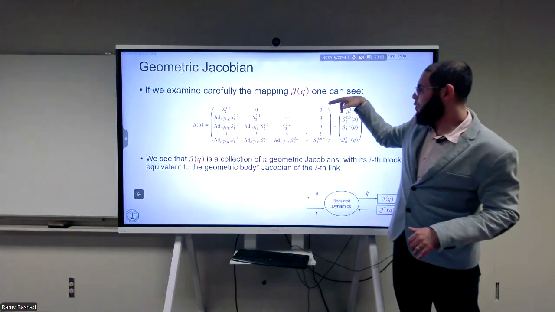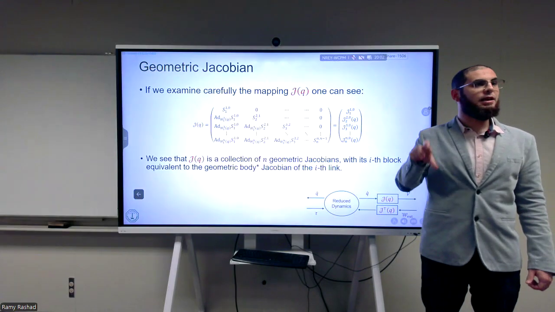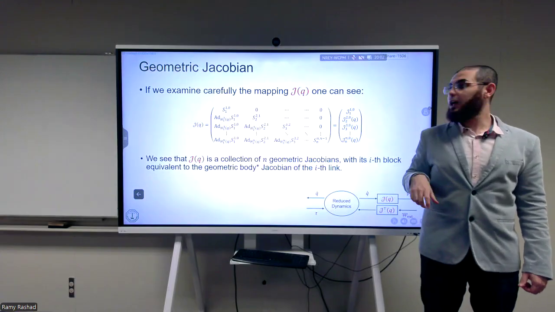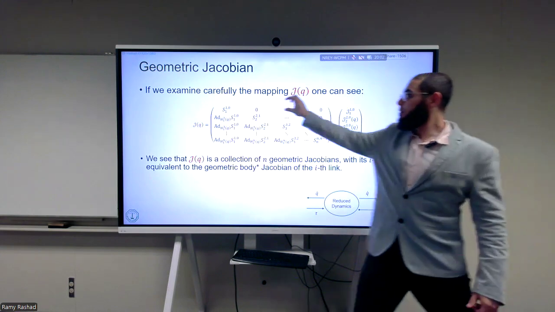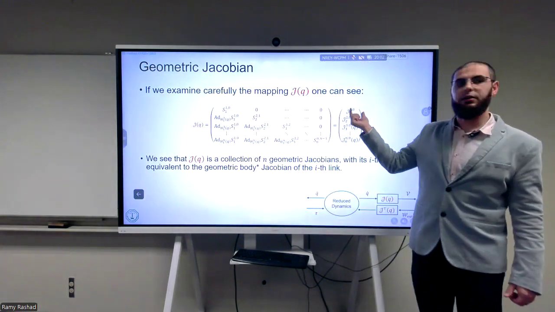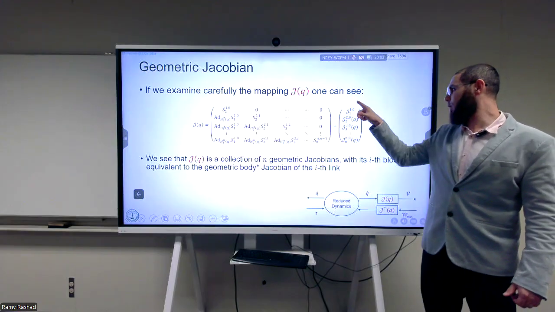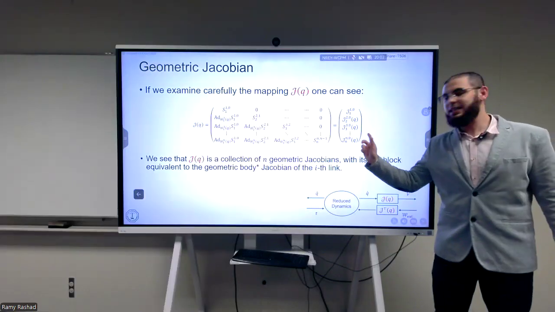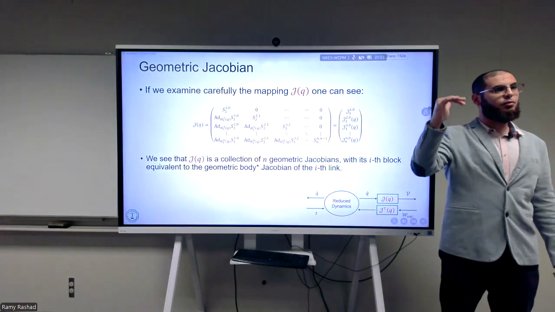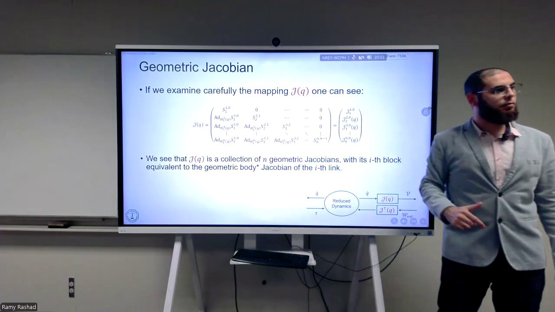Every row block of it is 6 by n, and we have n of these. So I just have J_1^0, J_2^0, J_3^0 and so on up to J_n^0, all of the geometric Jacobians stacked one over the other. And this is exactly the J that we have here.